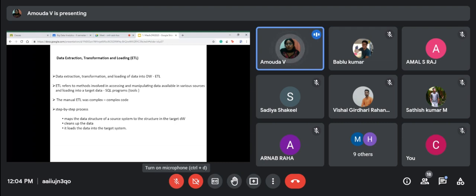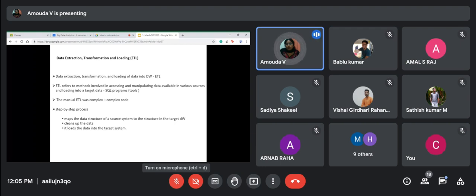So what is the first step? First step is nothing but map the structure of the source system to the structure in the target data. Exactly. You should know the structure. First, you have to map the structure. Data warehouse will have a different structure than the structure of other databases available in the data source. So you have to extract the data, and accordingly you have to map the data to the data structure available in the data warehouse.